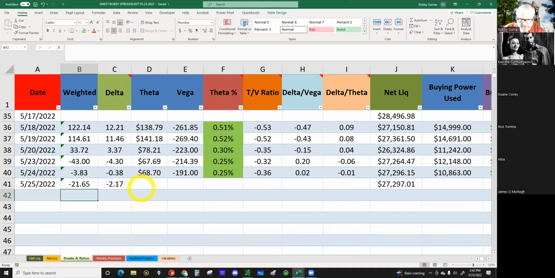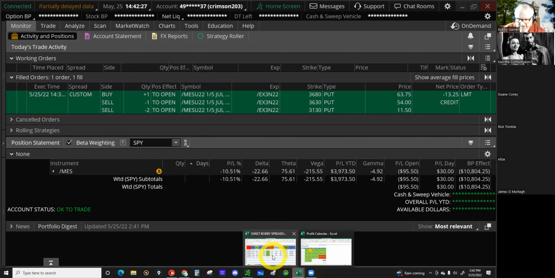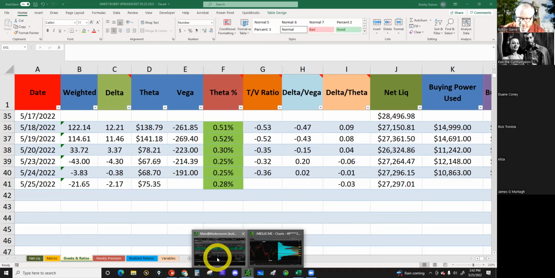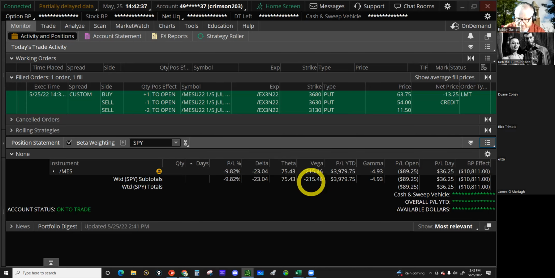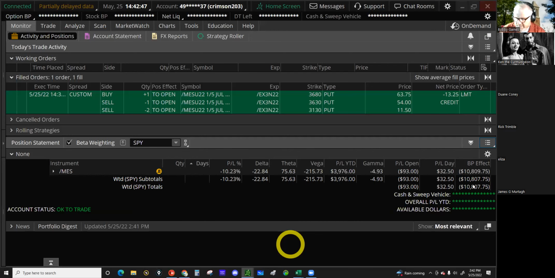Our theta is a robust 7535. Just right. So our vega, which I really don't need to keep anymore, but I would need the 215. So our buying power usage is 10,808.